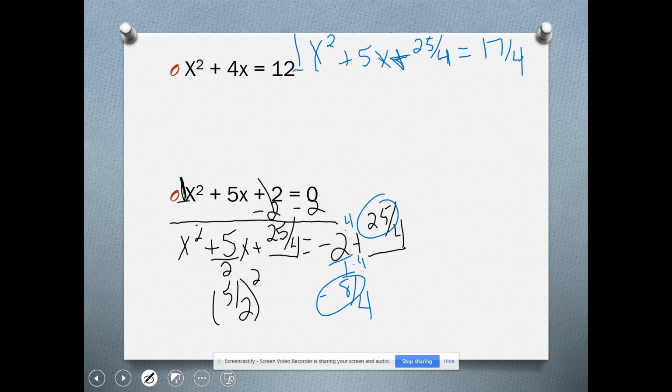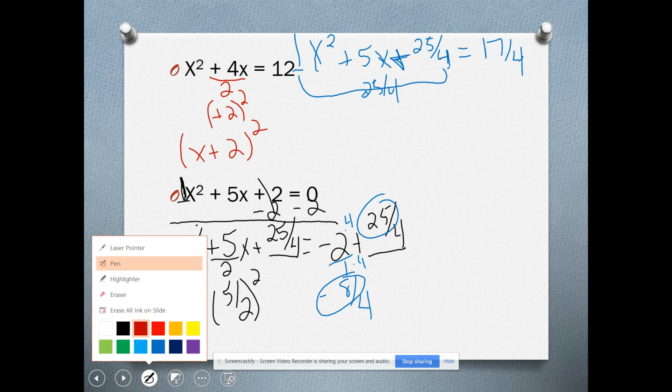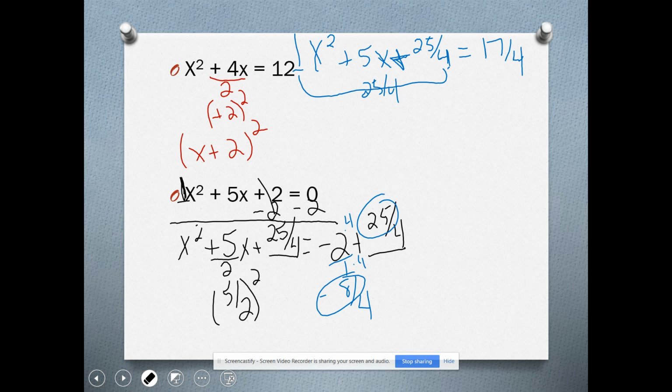Well, now we need to factor. We need the factors of 25/4 to add to positive 5. And I'm wondering if you've noticed in the last 3 examples how we took half of this term, and that was positive 2 squared, and our final form was x plus 2 squared. And if you look back on the previous 2 examples, it ended up to be the same thing.